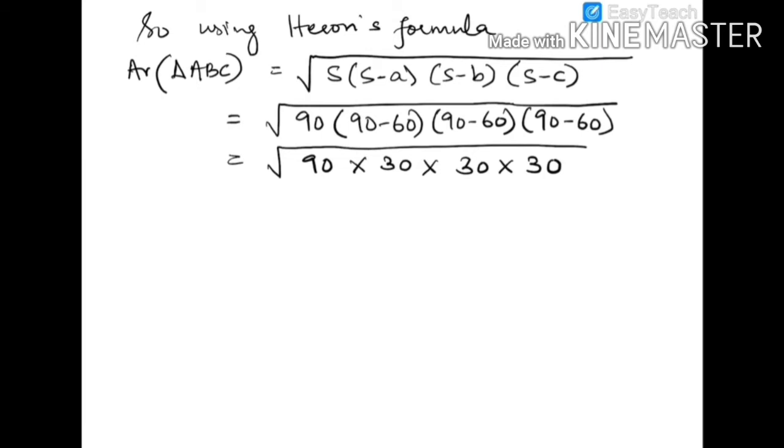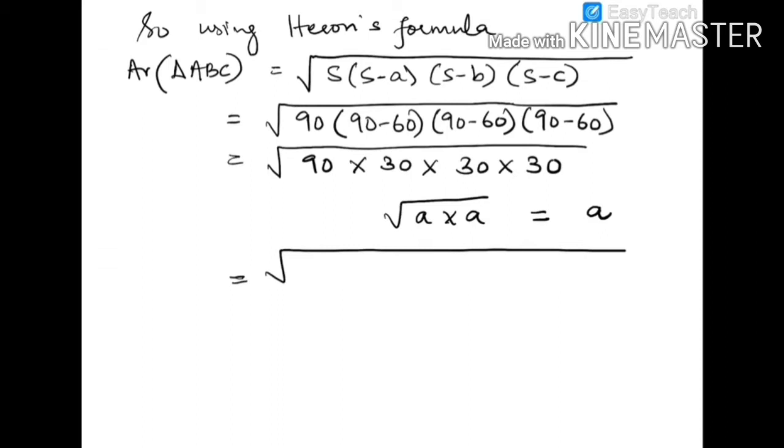Now we have to find the square root of this product. Recall the method of finding the square root that you have studied in 8th standard. We find pairs of identical factors so that we get an expression of the type square root of A into A, and then we can write this as A. So we are going to factorize further so that we get pairs of identical factors.